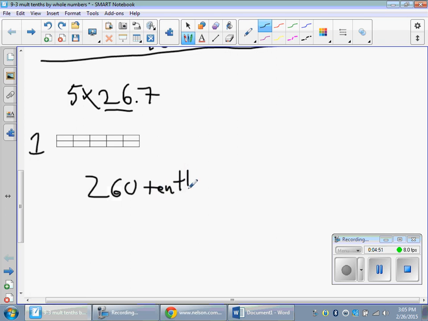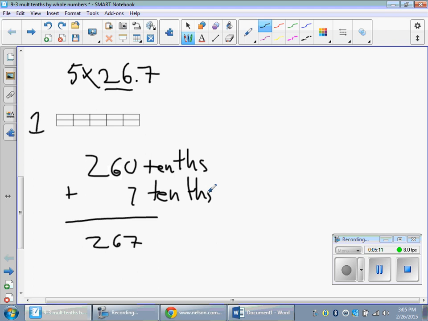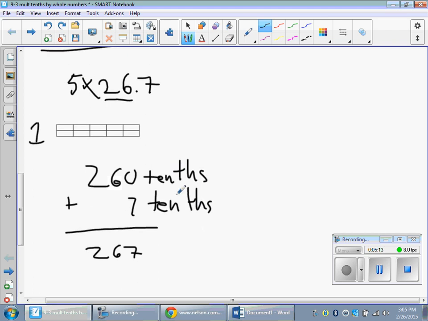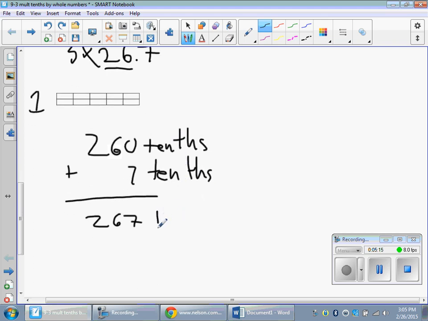And 260 tenths is 26, because each one has 10 tenths in it. So here we have 260 tenths plus 7 tenths gives us 267 tenths. Every one, 26.7, has 267 tenths.